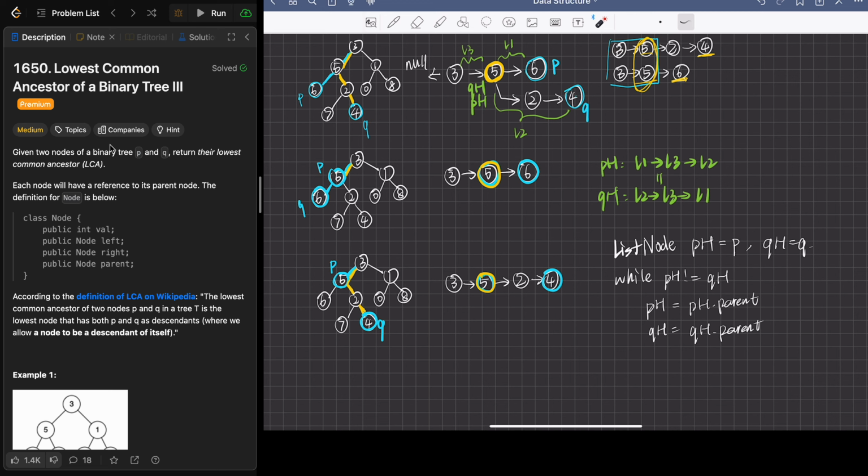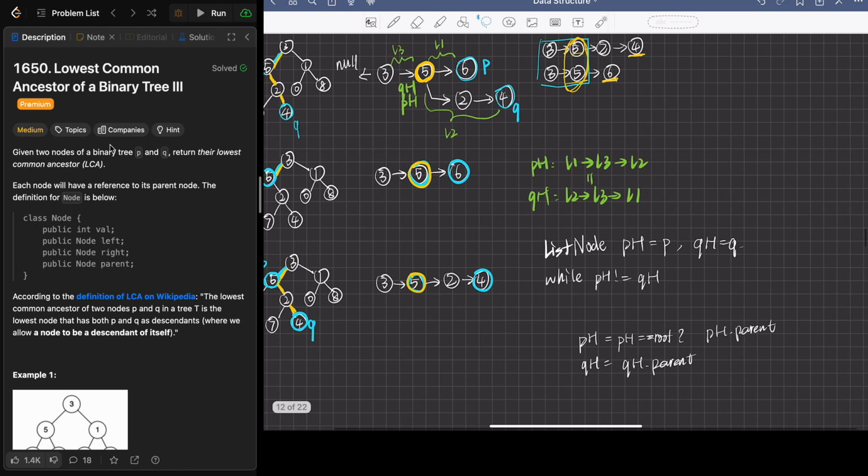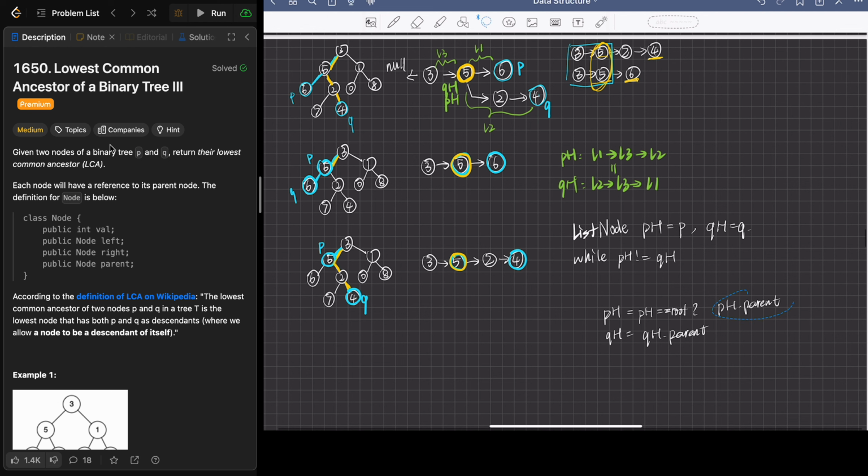So now we can say that PH only moves to its parent node when it's not at the null. So if the PH is at the root, it will not go to the parent node, it will go to the Q, otherwise it will go to the parent node. And the same goes for the QH.